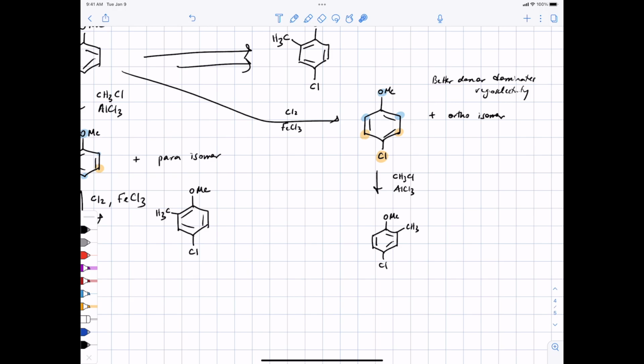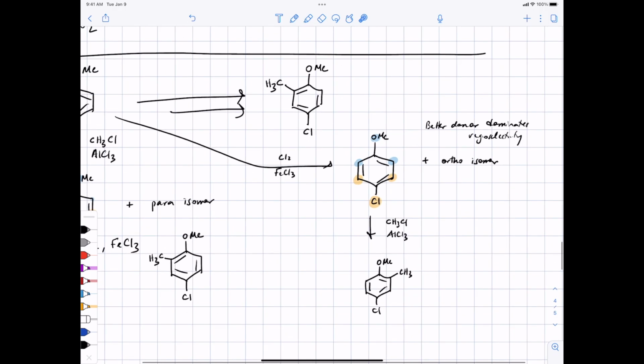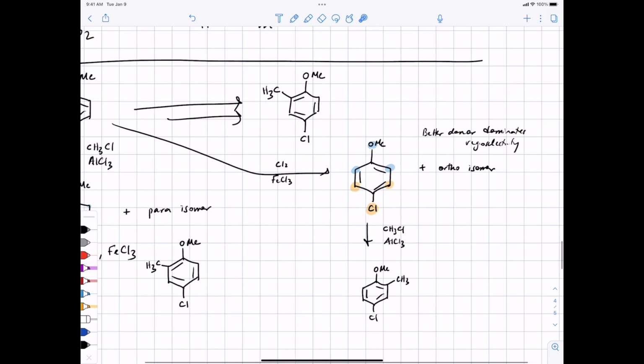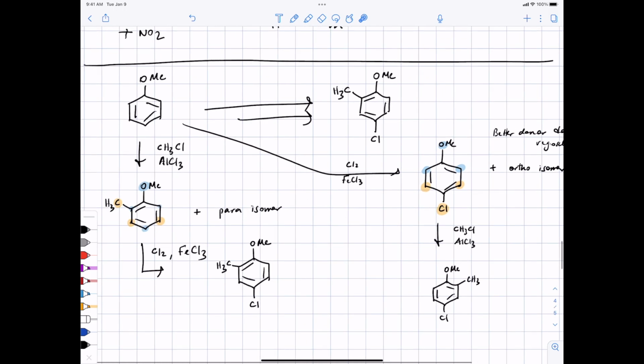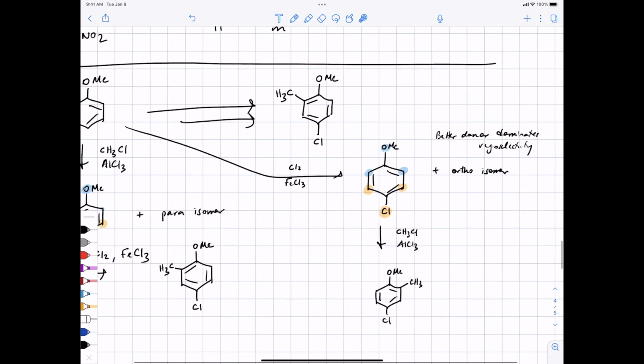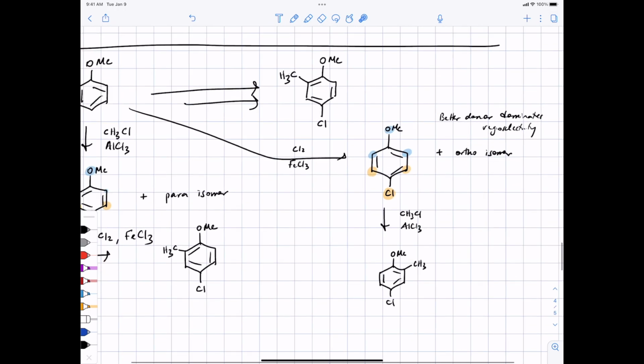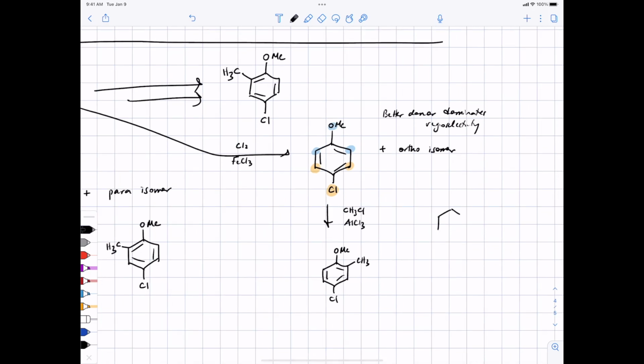If you use the ortho isomer and then push down through the Friedel-Crafts, you could have carbon 1, 2, and 6 with our substituent. So you're thinking about, if you had desired, could you have made this one?